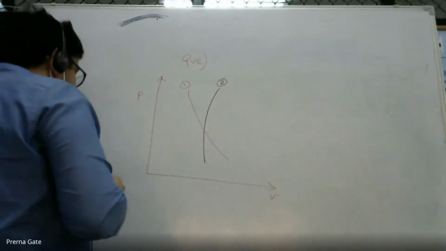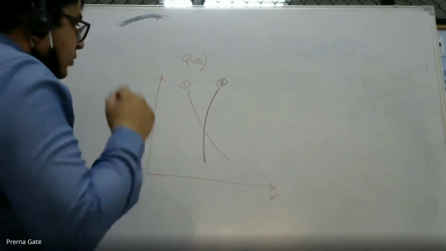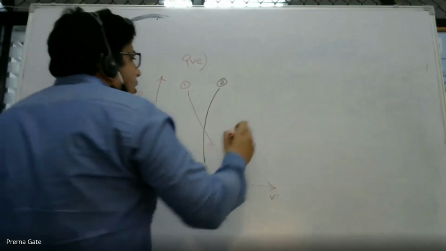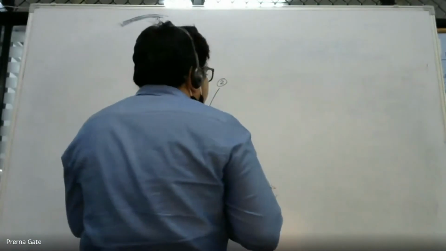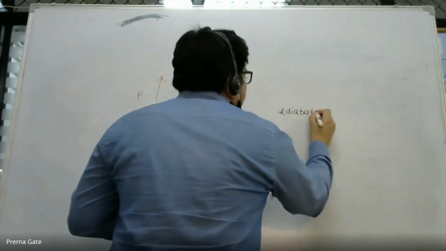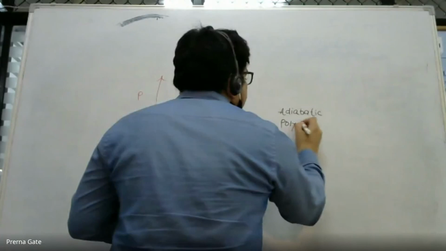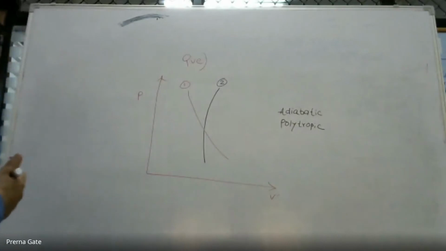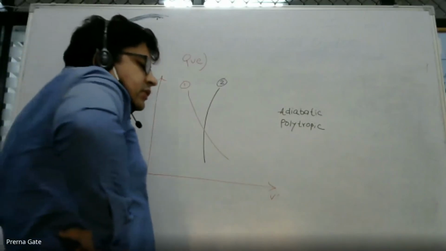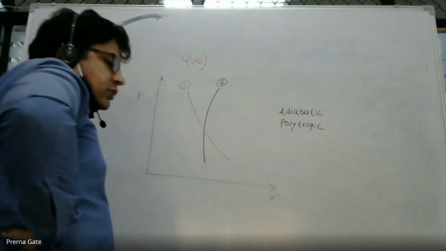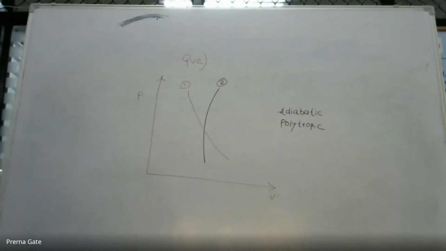We are not representing it by an arrow. It may be a compression or expansion process, but we have to figure out which of them is adiabatic and which one is polytropic. It was a previous GATE question. You have to figure out which process is adiabatic and which process is polytropic just by looking at it.